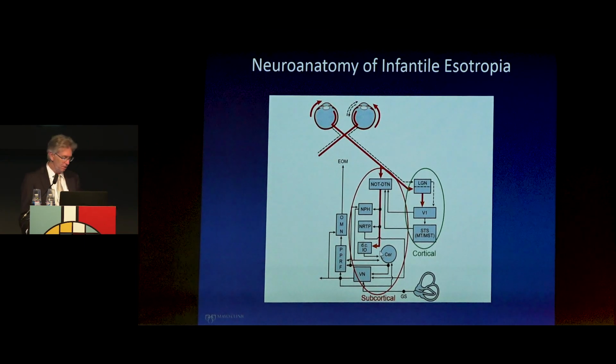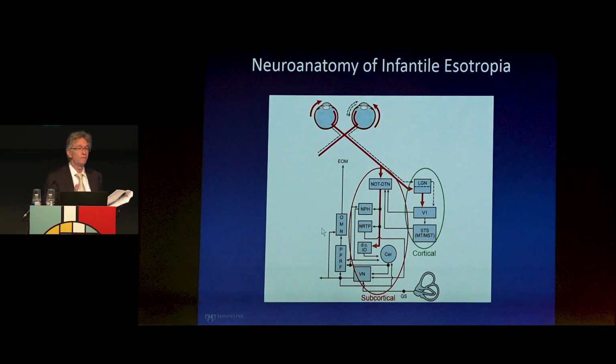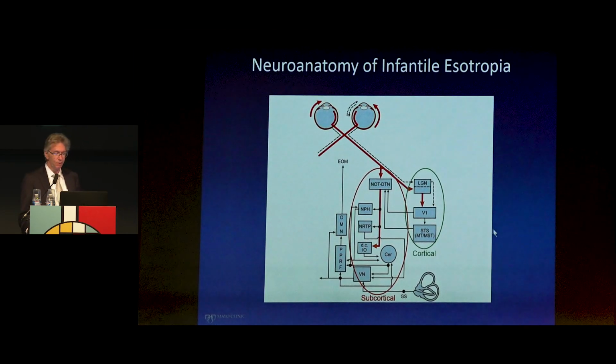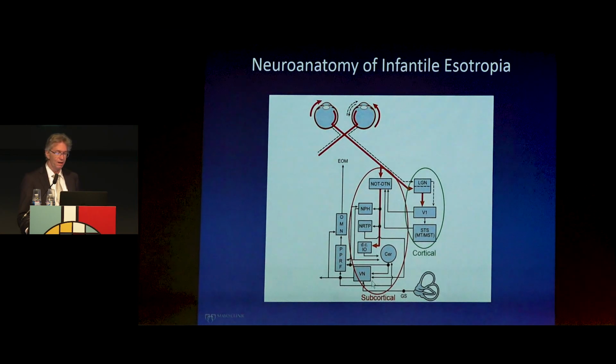Now, the cerebellar flocculus then sends its output signal down to the vestibular nucleus, which integrates visual motion, visual optokinetic input from the eyes with vestibular head motion from the labyrinths.